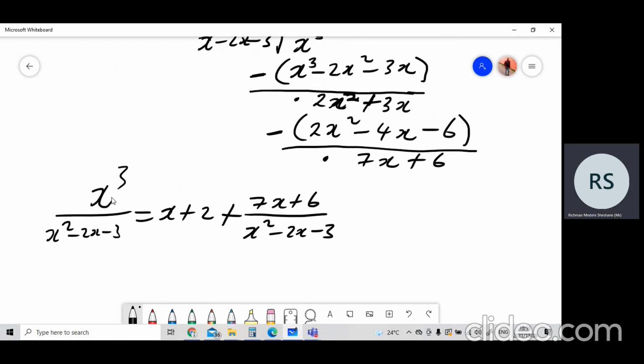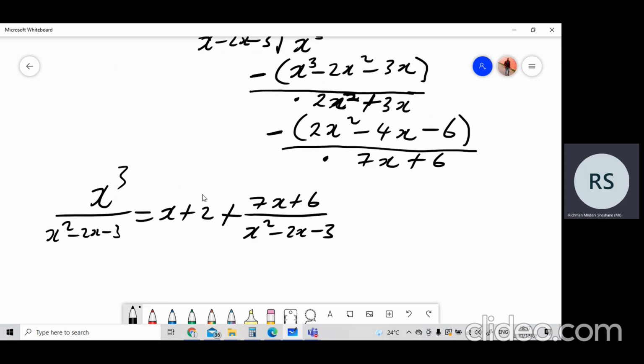We do long division when the highest power is greater than that of the denominator, because we can't put this in partial fractions like this. We're able to use partial fractions if the numerator has a lower power than the denominator. If it has a higher power, we start with long division.